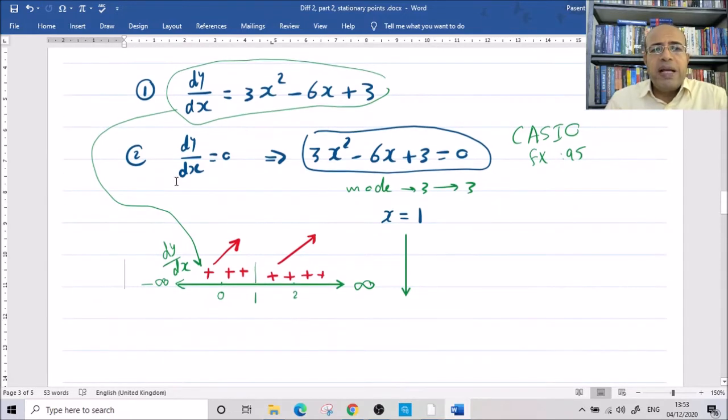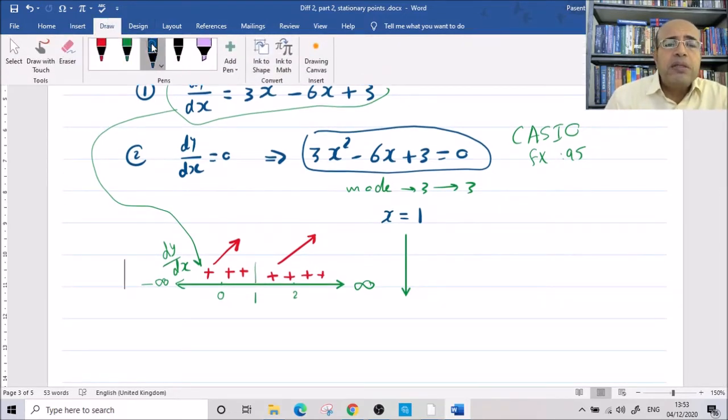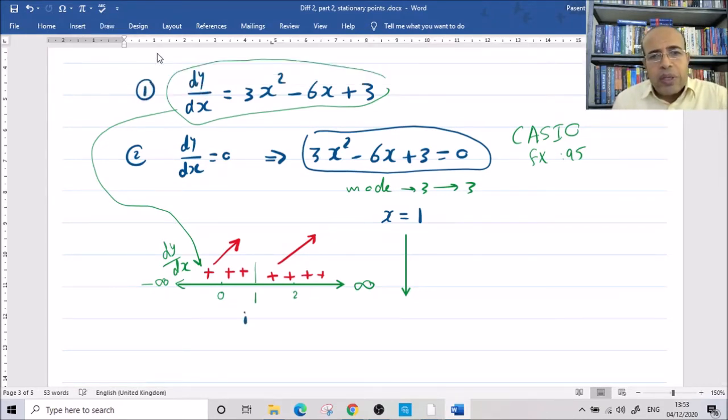Increasing before and increasing after the point means that at x equals 1, it is an inflection point. This is the first method. You can choose any method.